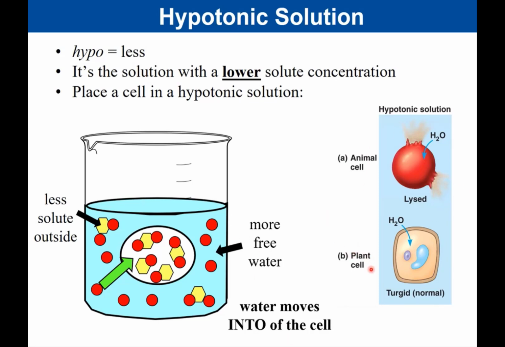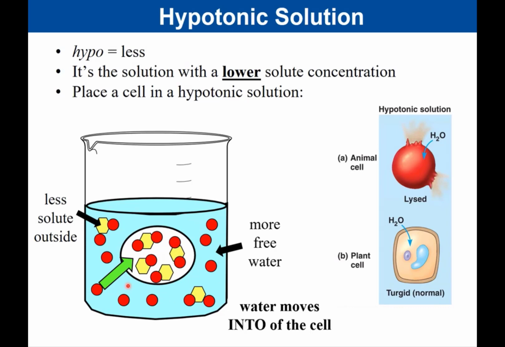Now, back to the slide about tonicity, and I said to always make sure to pay attention to which solution you're talking about. So notice in this case, we can say that the solution is hypotonic, but the cell we could also call hypertonic. So we could say that the cell is hypertonic relative to the solution, right?